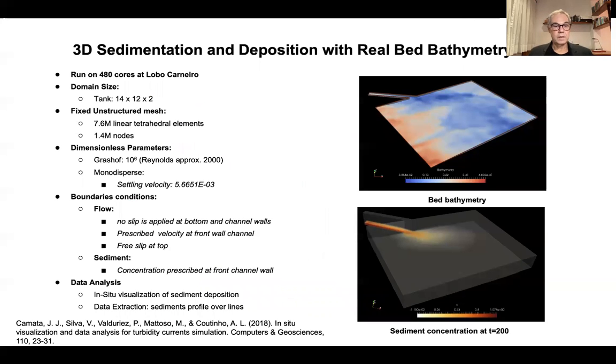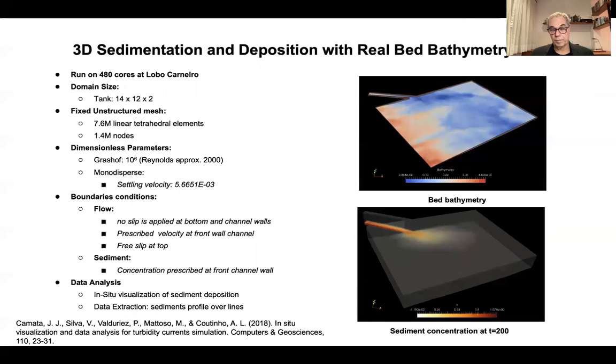Well, let's see an example. This is a 3D sediment deposition with a real bed bathymetry, as you see in the top figure. The more red and more heated colors represent greater depth.